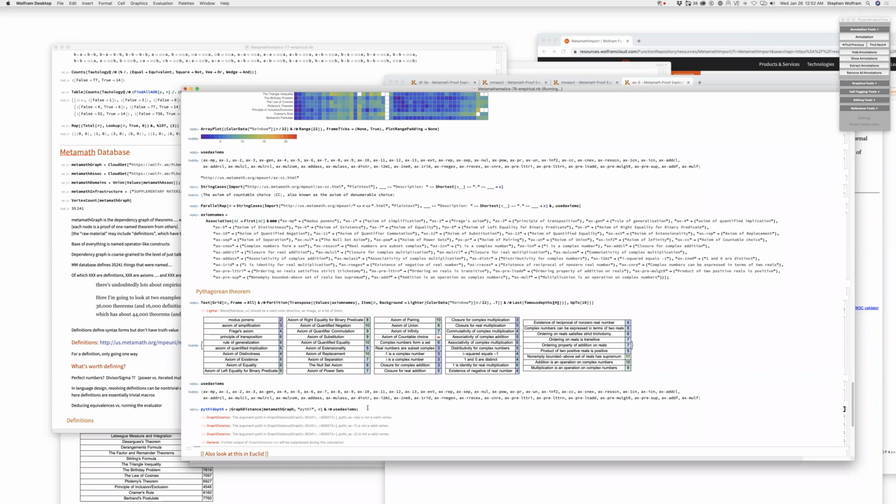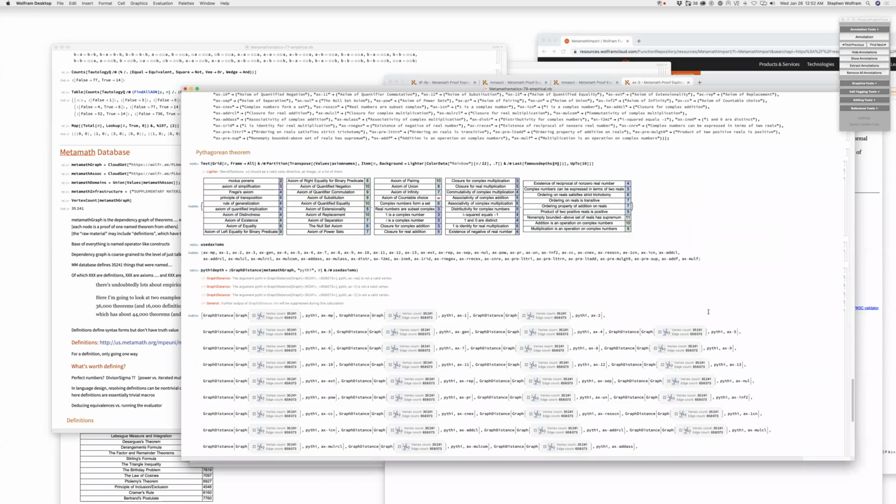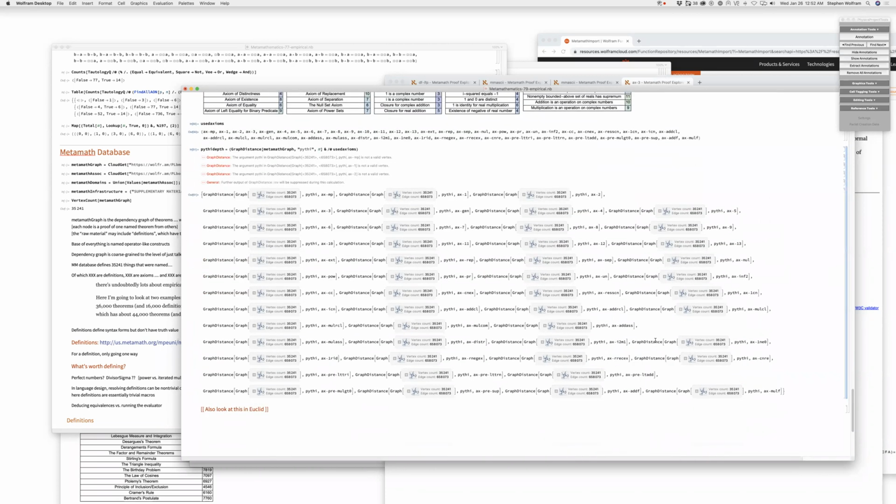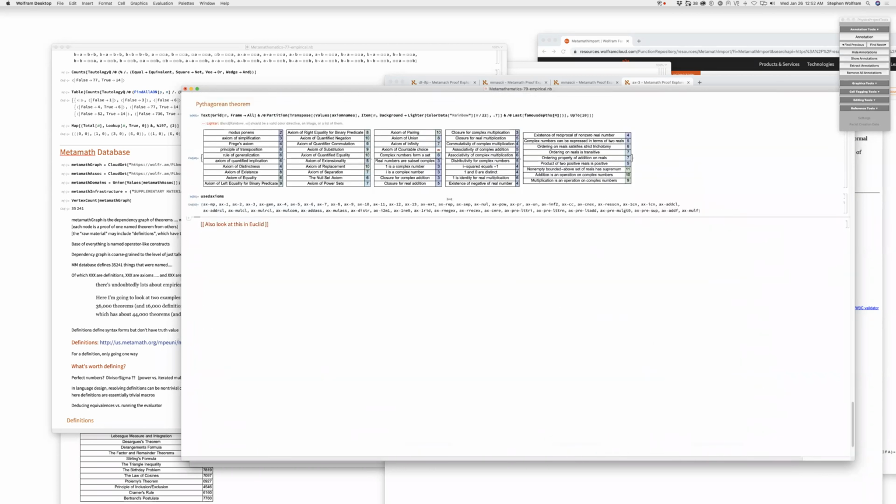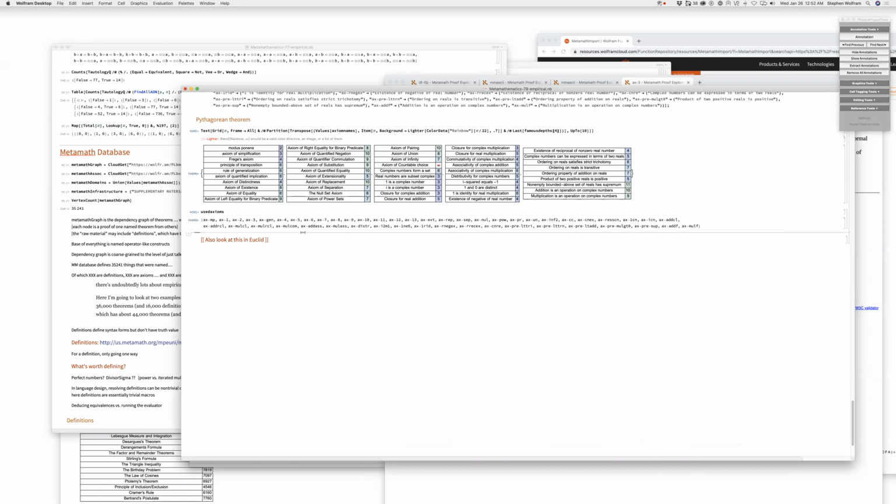Oh, it's not a valid vertex. It's not in that graph. It must be in something with Peano axioms or something.